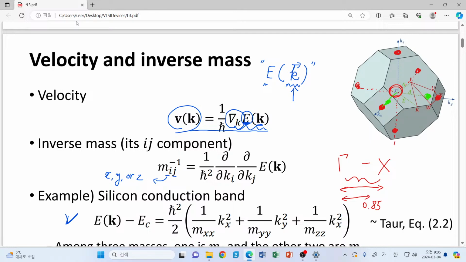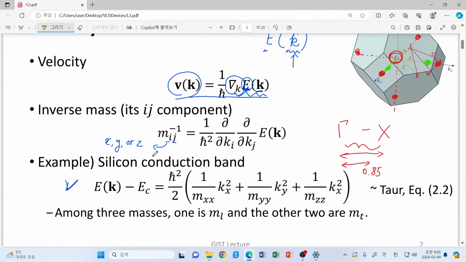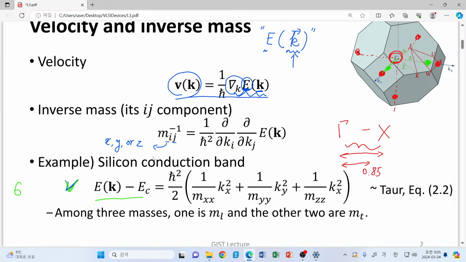So although we are now saying that the silicon conduction band follows this kind of form shown here, it means that there are 6 copies of this kind of thing. And you know that this k is translated to the minimum of each valley.